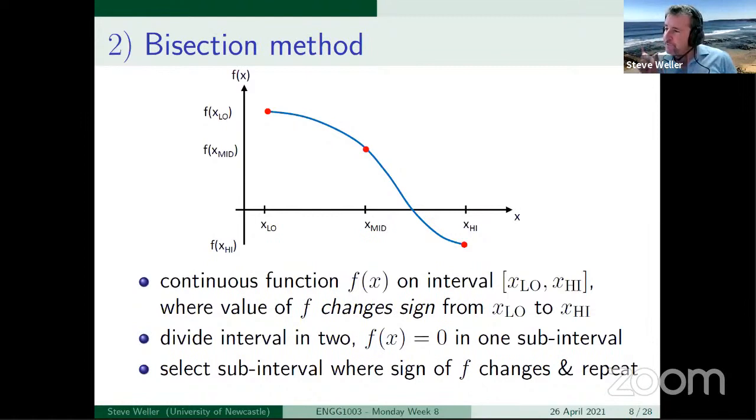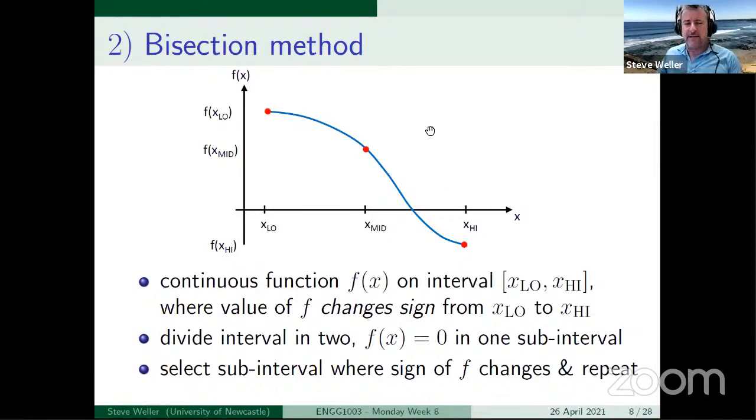But we need to kick it off, we need two values of x, and they need to be chosen in such a way that one is too low and one is too high. What I mean by too low and too high is that for one of those values, the function value f is positive, and for the other value of x, the function value is negative. That means that the function value changes sign as we range from x low to x high.